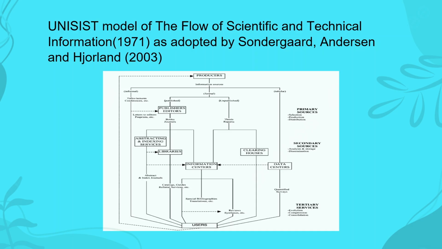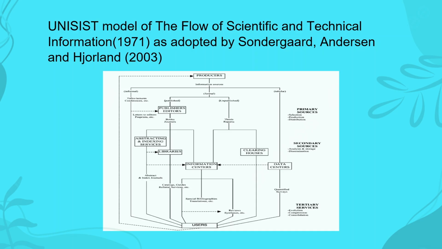In this model, we can see producers produce information and ultimately that information reaches the user through various channels, maybe directly through primary sources of information, or the information in primary sources may be condensed in secondary sources, and again those secondary or tertiary sources may reach the users.